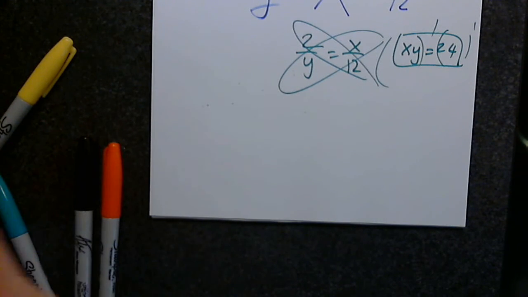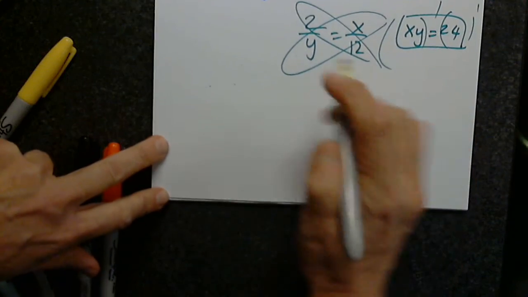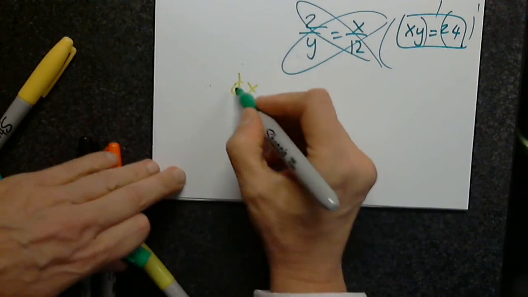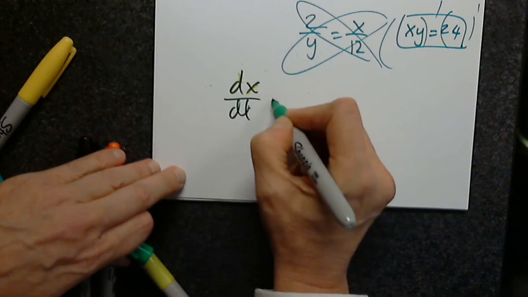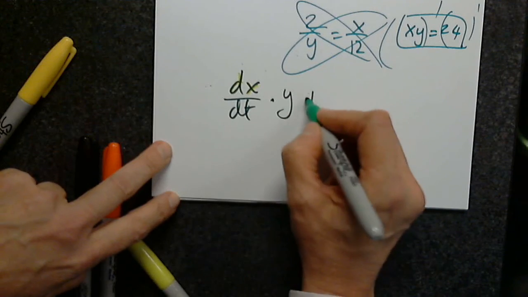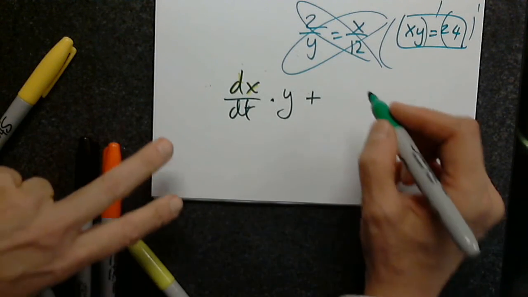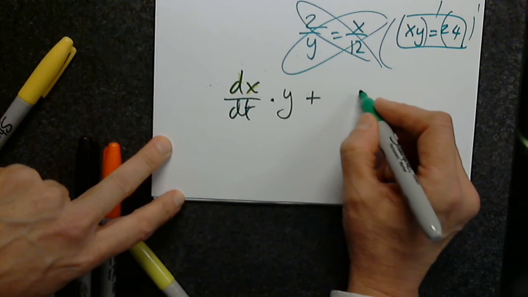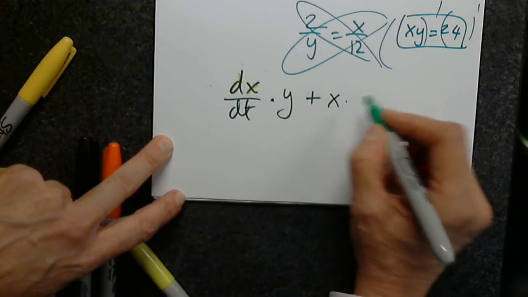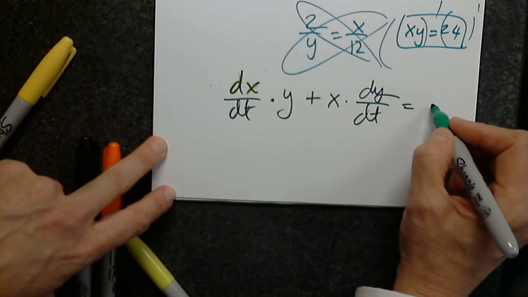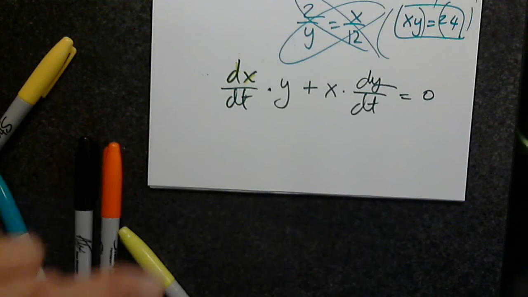So how do I differentiate this? dx over dt times y, careful, yes. Plus x times dy over dt. Perfect. And the right side is 0.